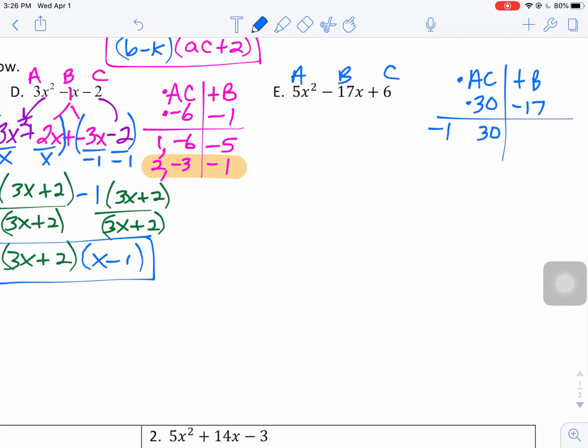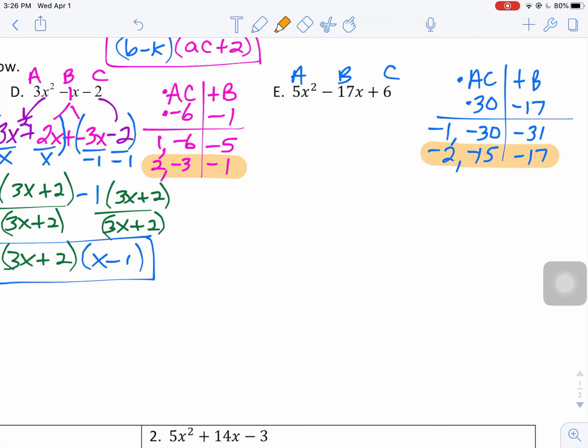So 1 and 30, but they both have to be negative because that's the only way I can add up to a negative number and multiply to a positive number is if both numbers are negative. So that doesn't work. Let me try 2. So 30 divided by 2 is 15. Make them both negative. There we go.